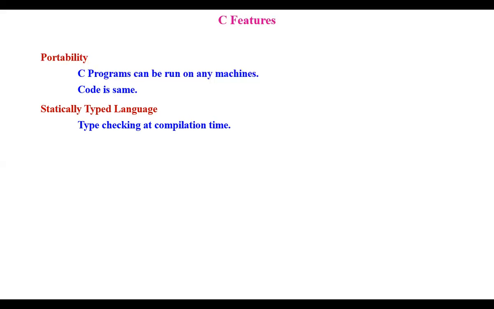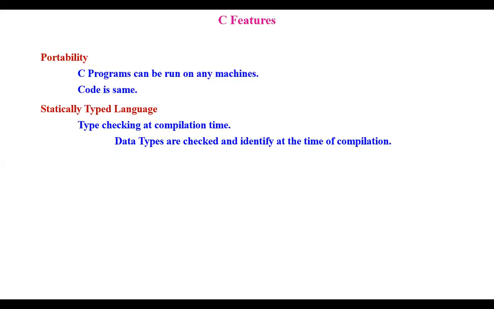Whatever program we are running is given to the compiler, and the compiler creates an object file. In this process, it checks whatever type of variables we are giving, and at the time of compilation itself, it takes care of it. So here, data types are checked and identified at the time of compilation.